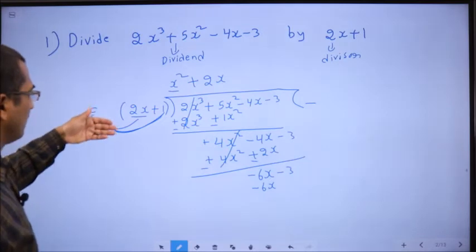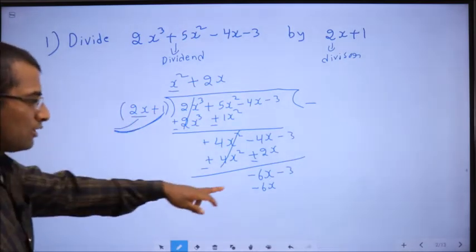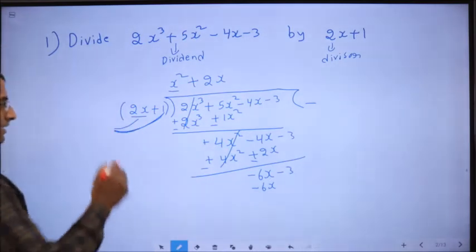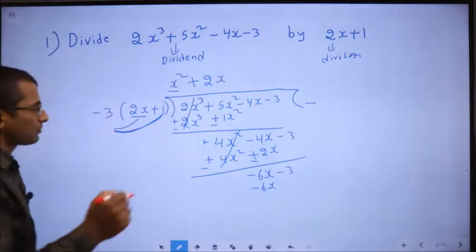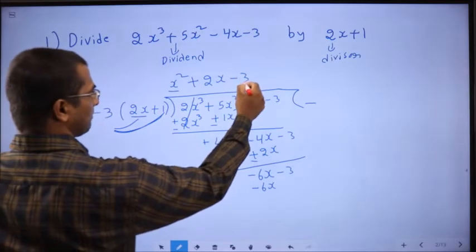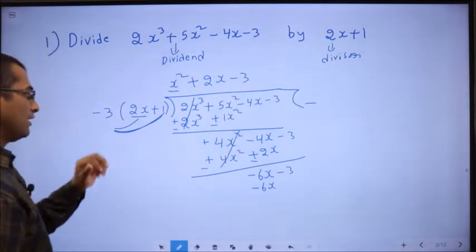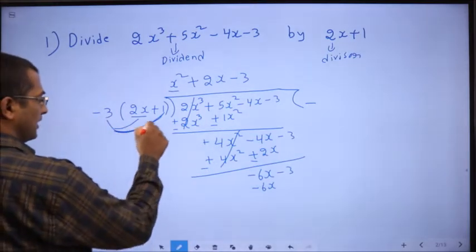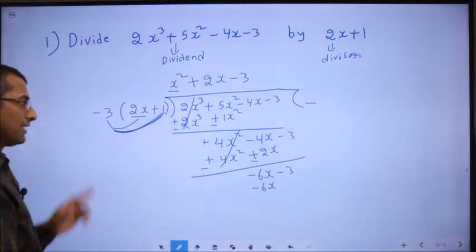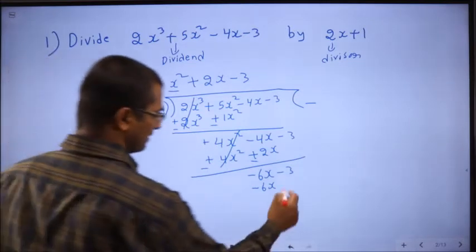So now, here I have 2x, I should get minus 6x. That means this needs to be multiplied with minus 3. So write the quotient minus 3. So minus 3 into 2x, minus 6x. This also needs to be multiplied with plus 1. So minus 3 into plus 1 is minus 3.